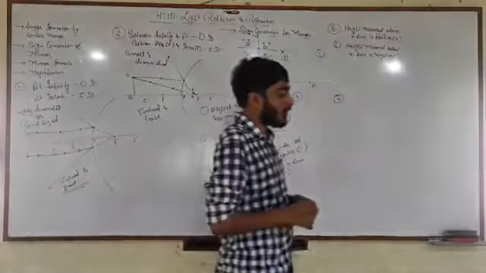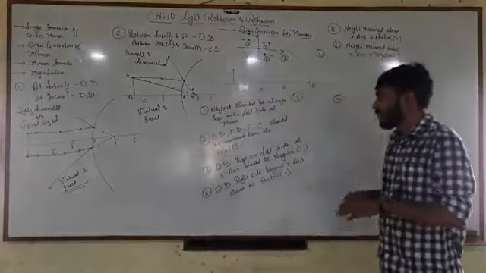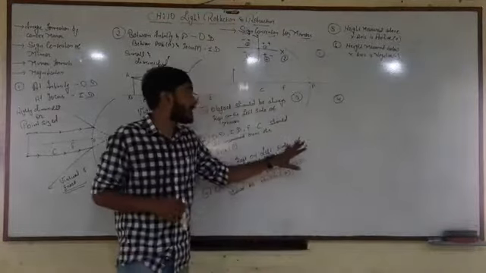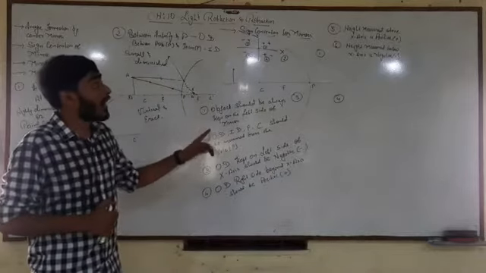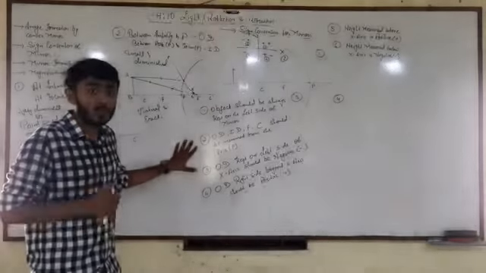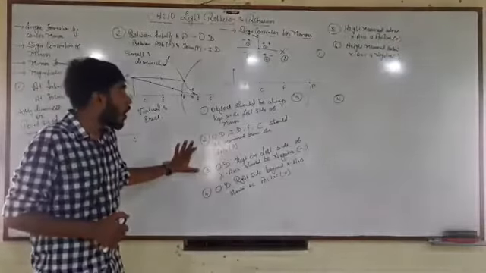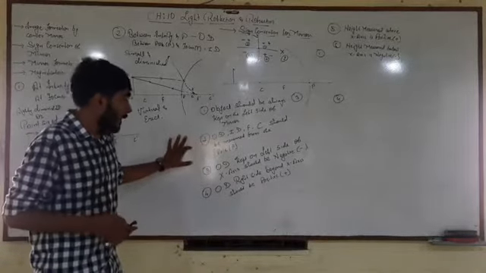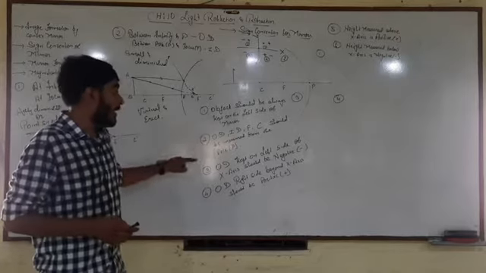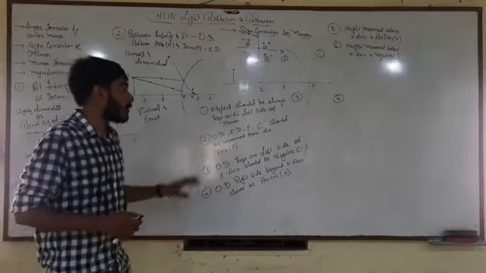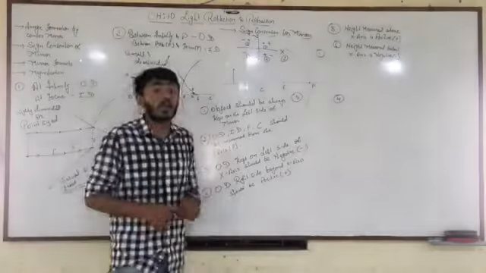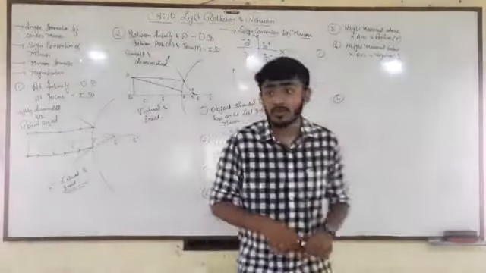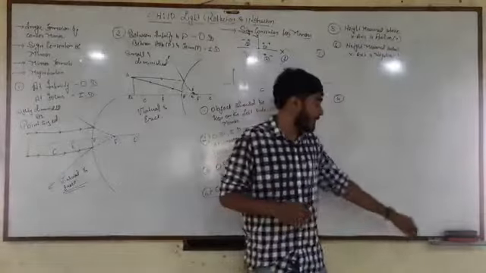Object distance, image distance or focal length, curvature, anything can be measured from the pole, and the object should always be kept on the left hand side of the mirror. So these are the general rules and regulations of the sign convention, students. I hope you are clear with this.